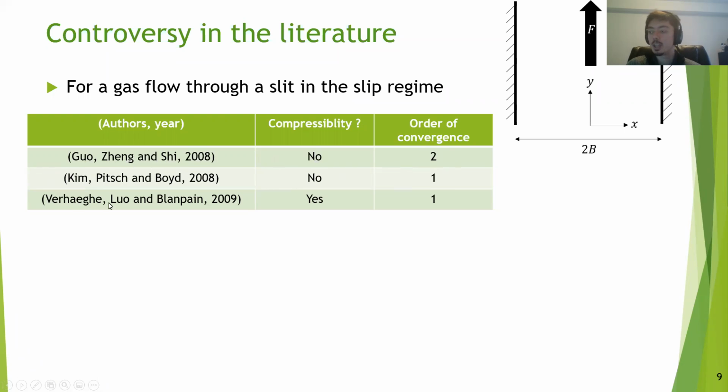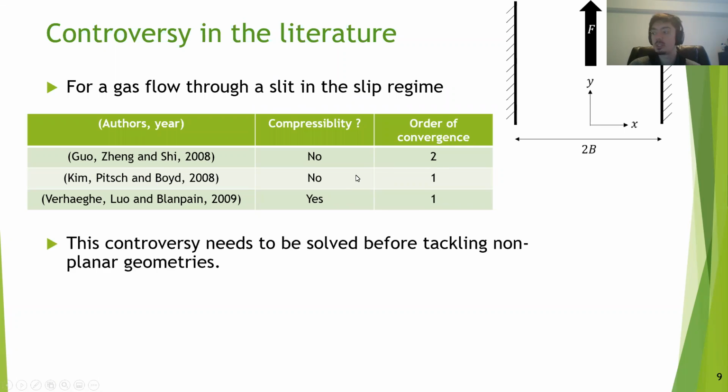And Verhaeghe, Liu, and Pince for a compressible flow said that the order of convergence should be 1, but they attributed the degradation of their scheme to the compressibility of the problem that they solved. So what is the actual source of this discrepancy?